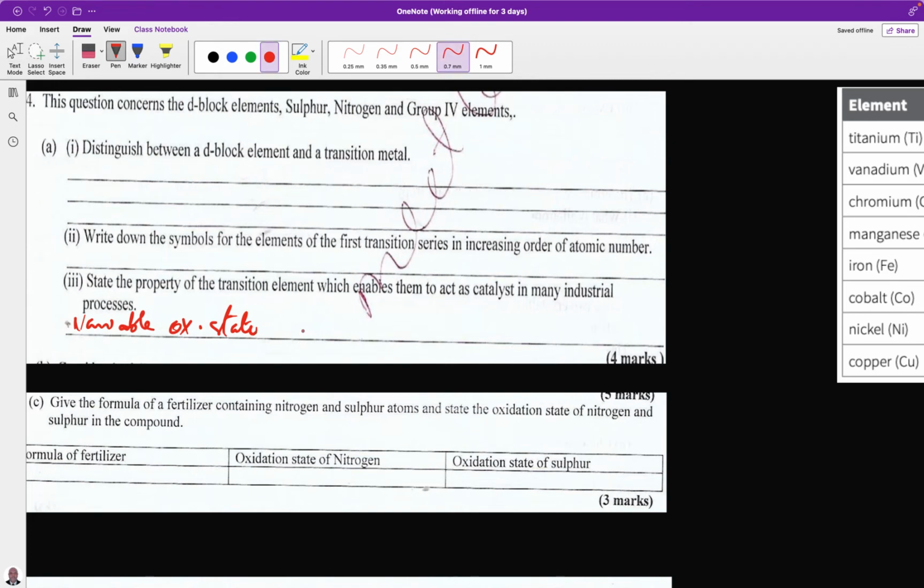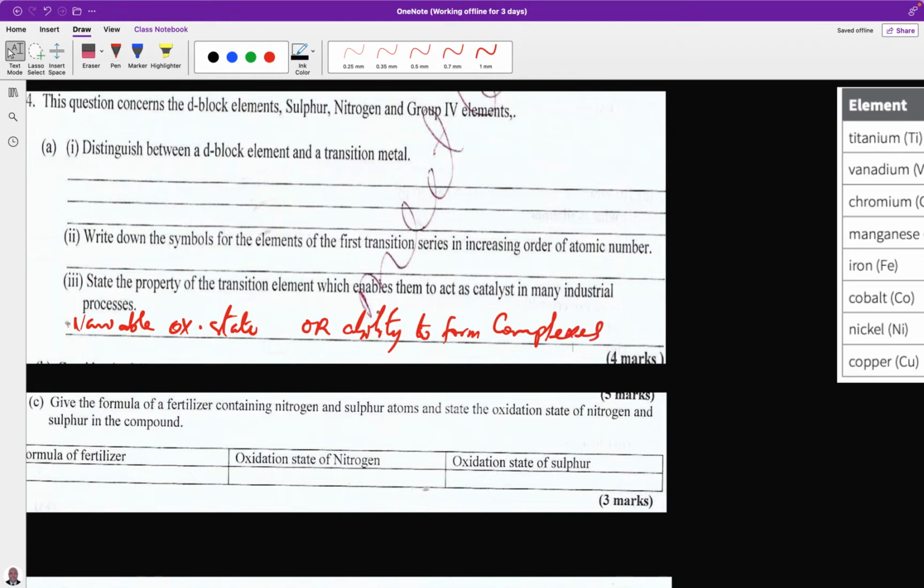Or you could say they have the ability to form complex ions, ability to form complexes.